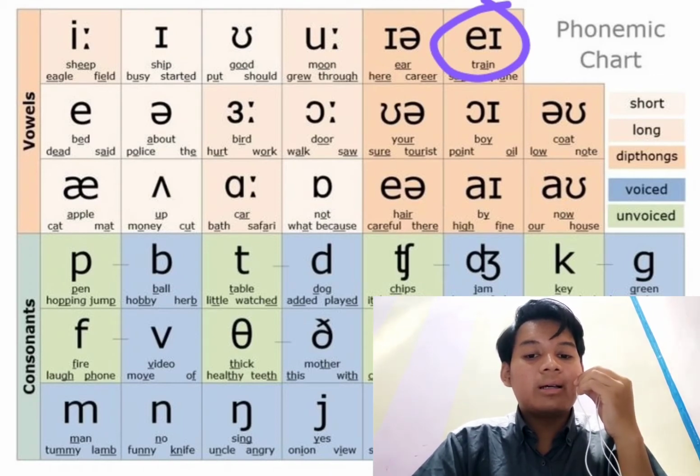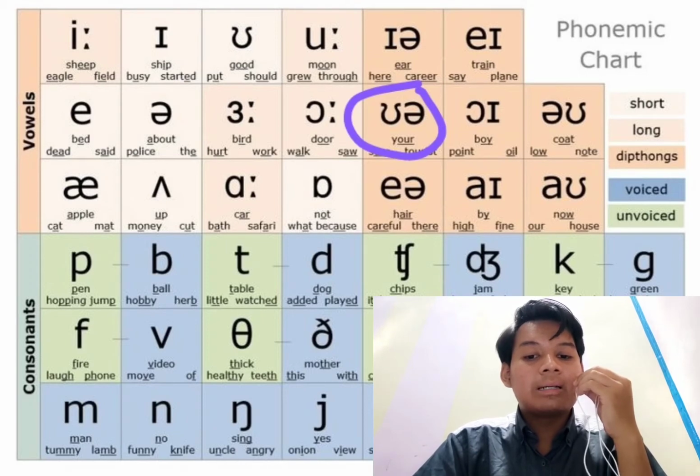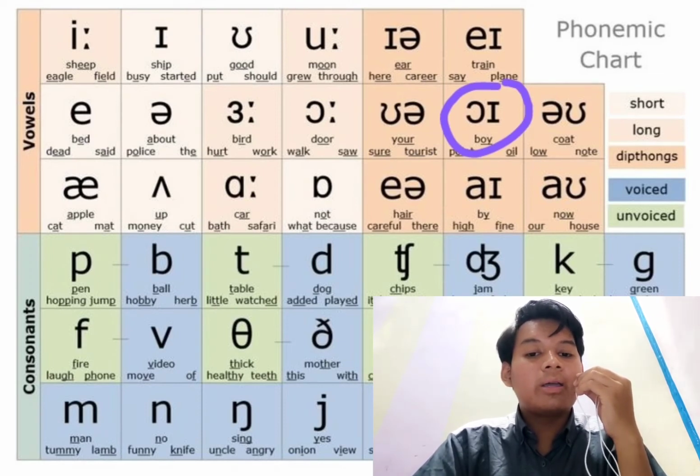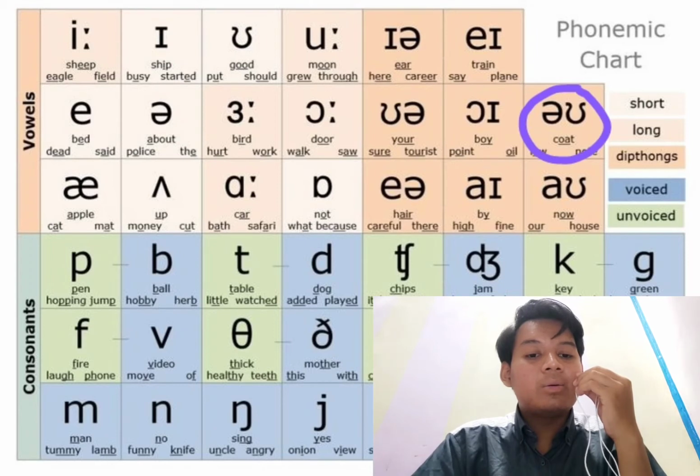And next, for example: your, sure, tourist. And next, there is oi. For example: boy, point, oil. And next, there is o. For example: cold, low, note.